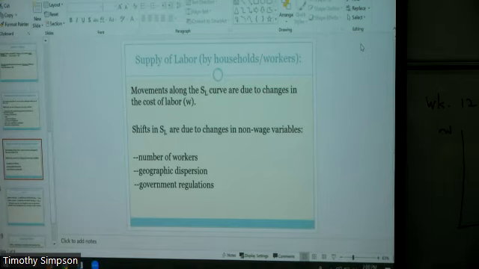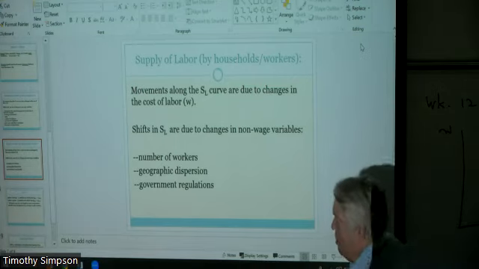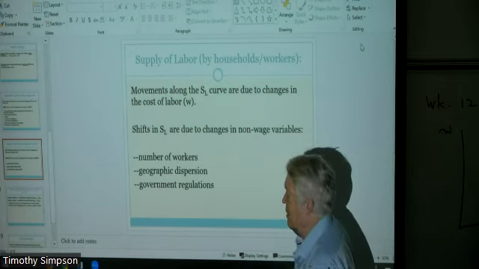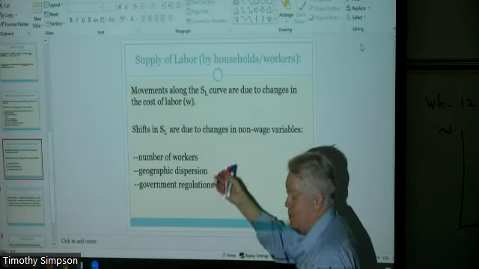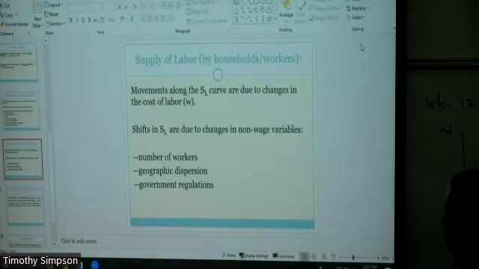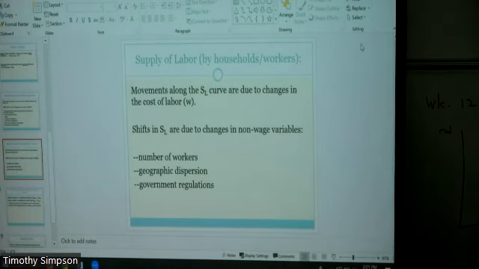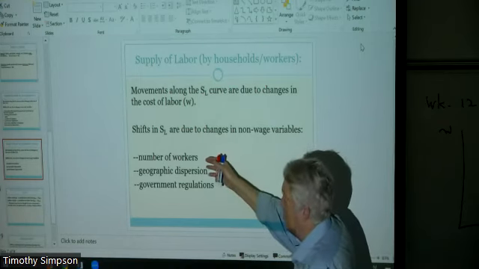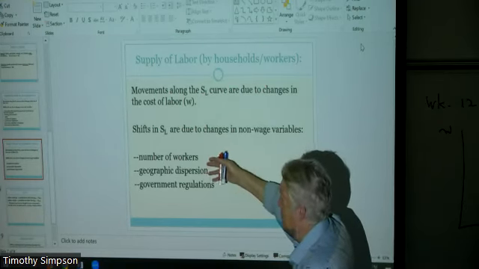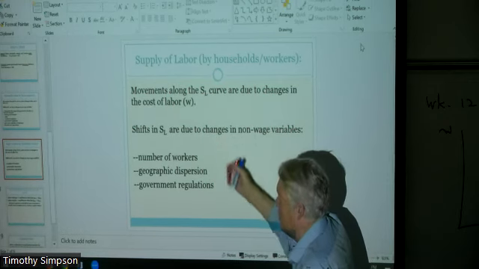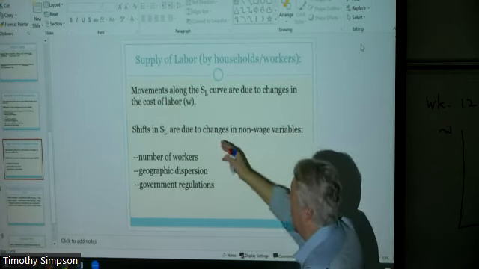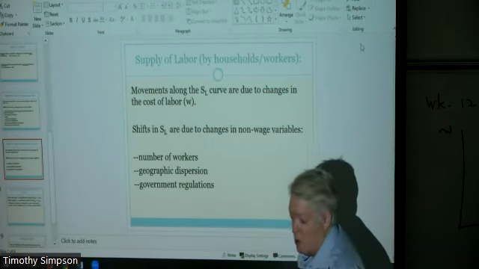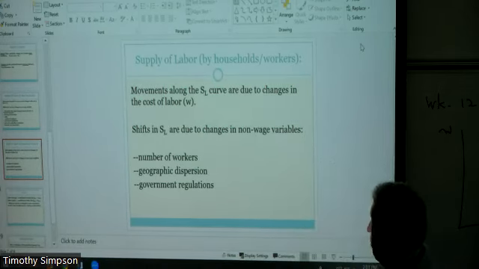Today, it's mostly economic opportunity in general, but almost always it's due to some economic issue. Yes, there are refugees who are fleeing very dangerous areas, but primarily most immigration happens as a result of economic motivations. So these are tied in with each other, and the number of workers can obviously fluctuate and create shifts to the right or to the left in the supply of labor for whatever individual labor market we're talking about.